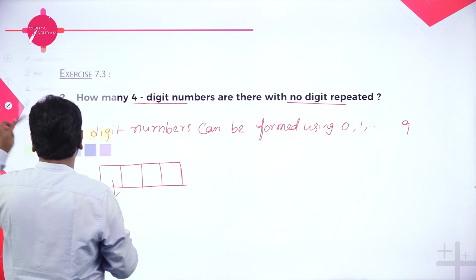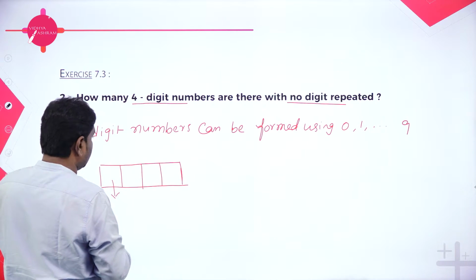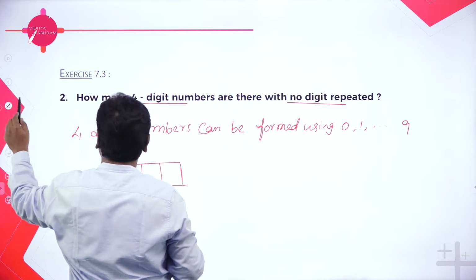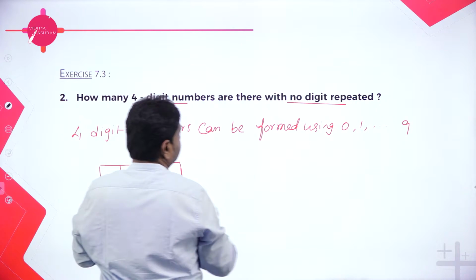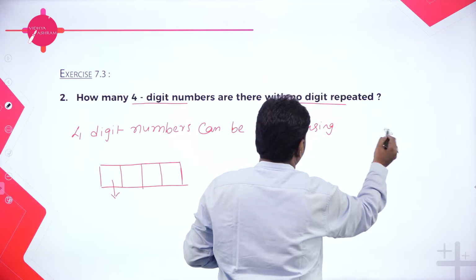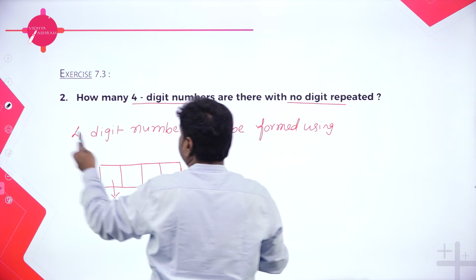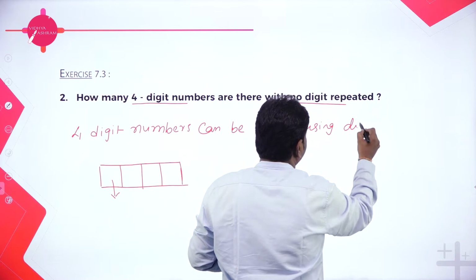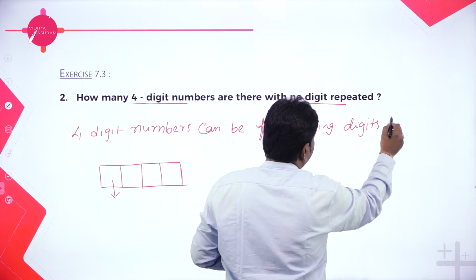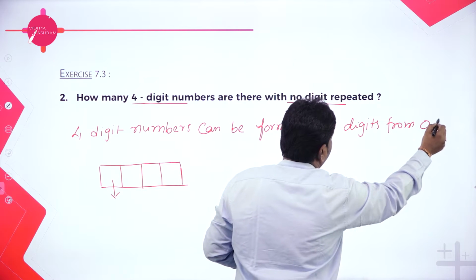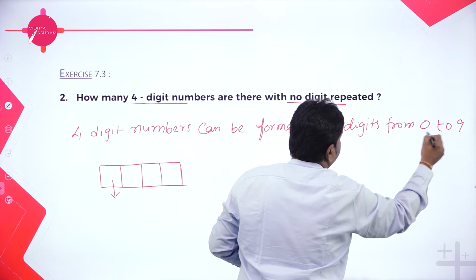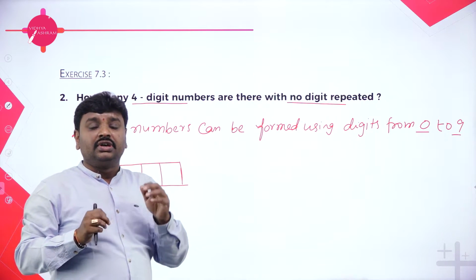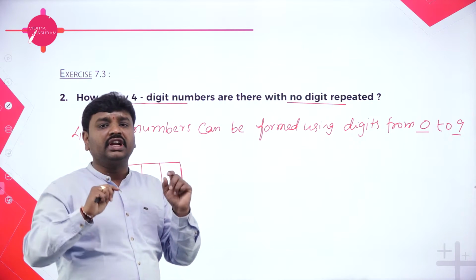I cannot fill in 10 ways because 0 cannot come in the first place. 4-digit numbers can be formed using digits from 0 to 9. 0 to 9 we have 10 numbers. 1 to 9 is 9 numbers; including 0, 10 numbers are there.